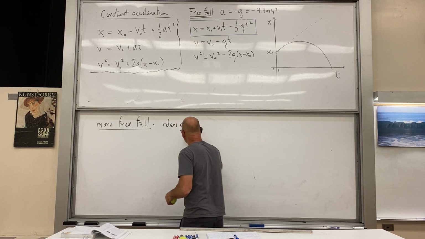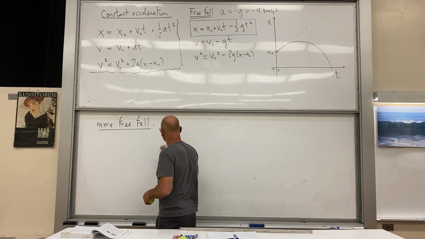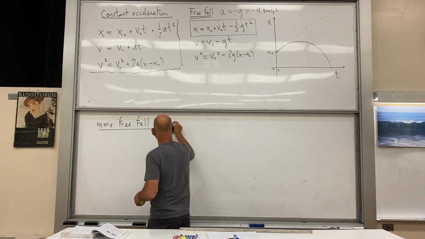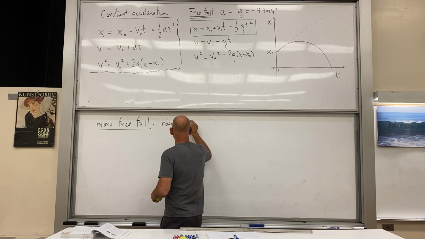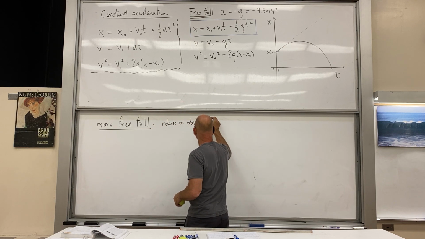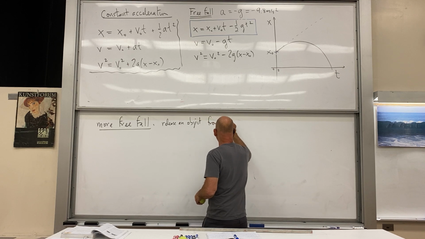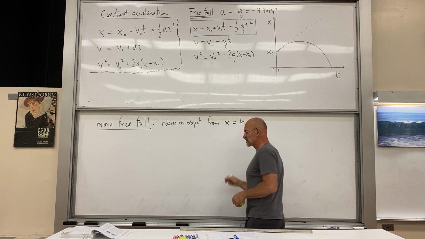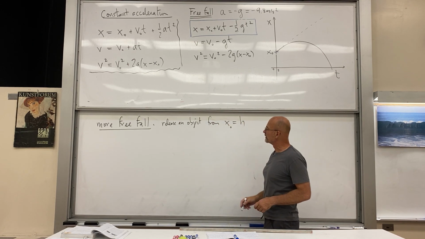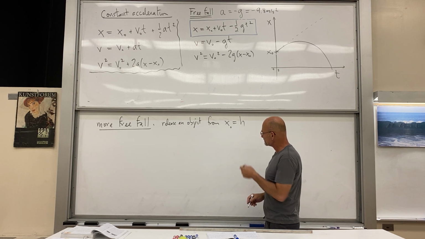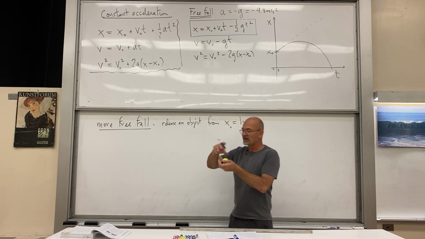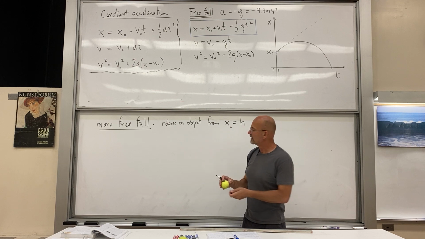Okay. We're going to release an object from a certain height, from x equals h, or I could even say from x0 equals h. And if I release it, I'm just dropping it, I'm not throwing it.